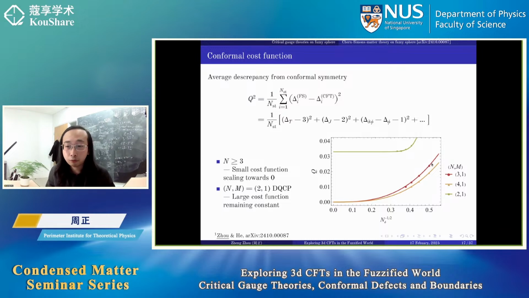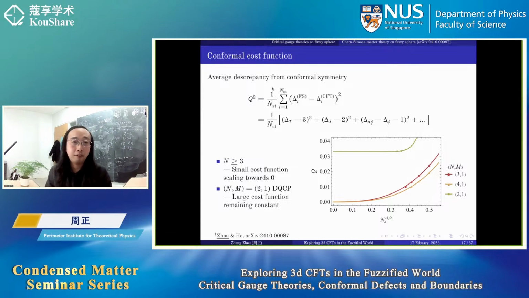So we find that for n larger than 3, there is very small cost function, and as the system size gets larger, it scales towards 0. Whereas for the SP2 case, the cost function is quite large, and it remains quite constant as we increase the system size. This suggests that the SP2 case, which corresponds to the DQCP, is somewhat strange, somewhat different from the prediction of the conformal field theory.